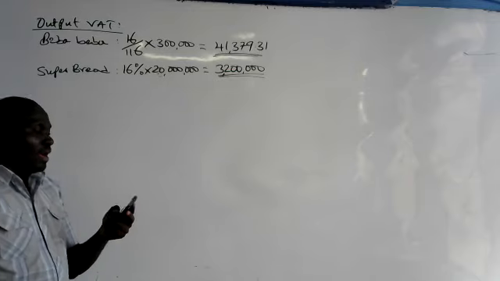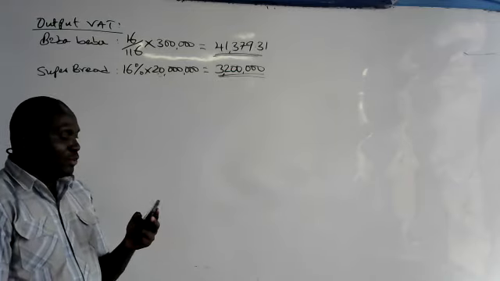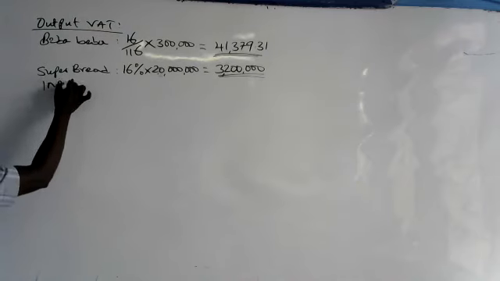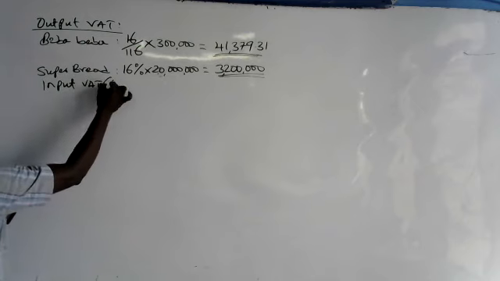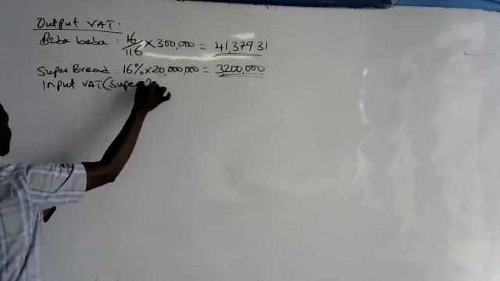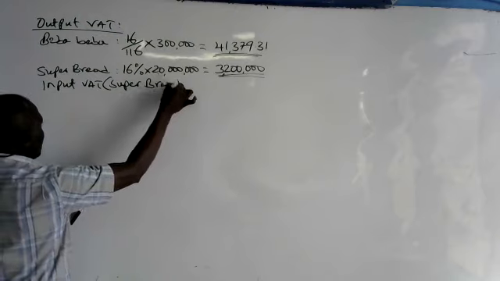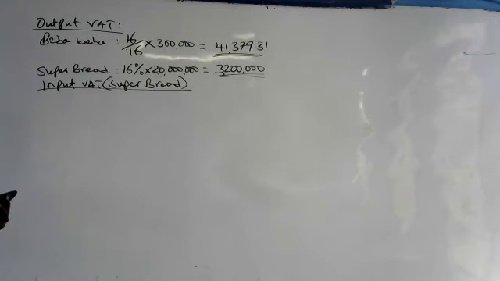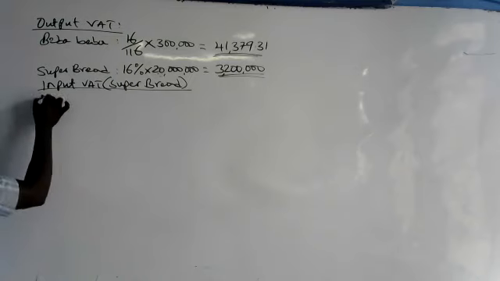Now part 2, the input VAT for Super Bread. Beba has no input; we will be given the figures. So where do we start? There's a distribution company that was hired. So can we start with the distribution services?